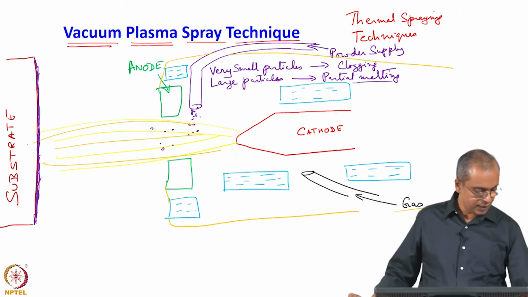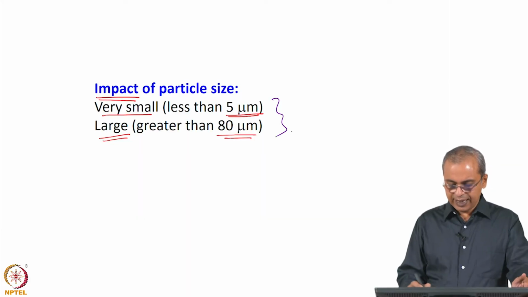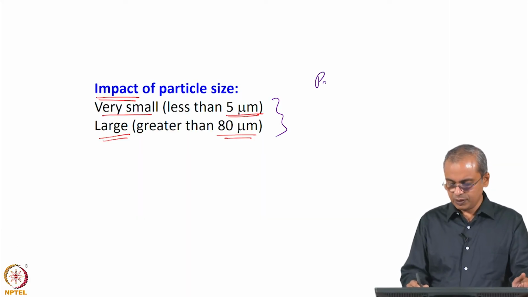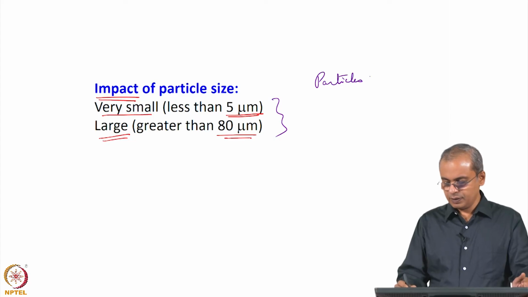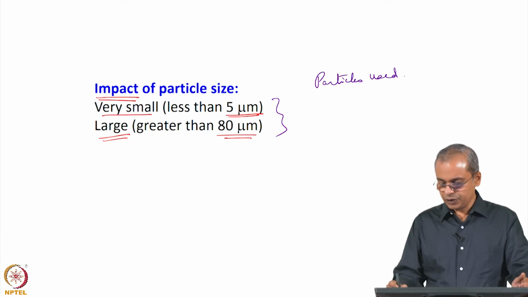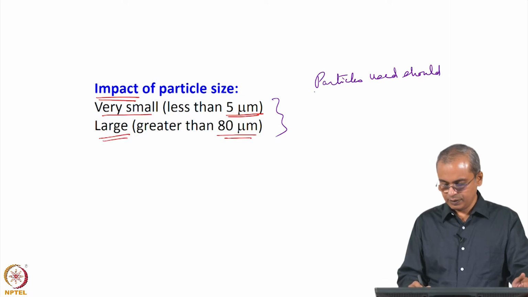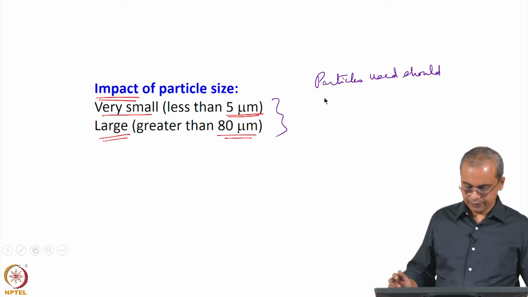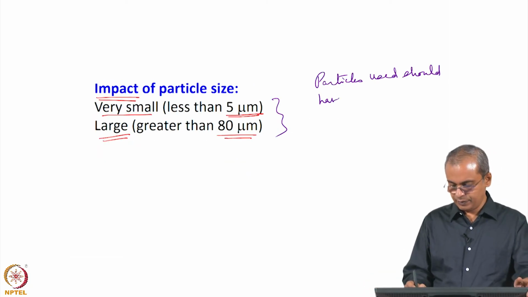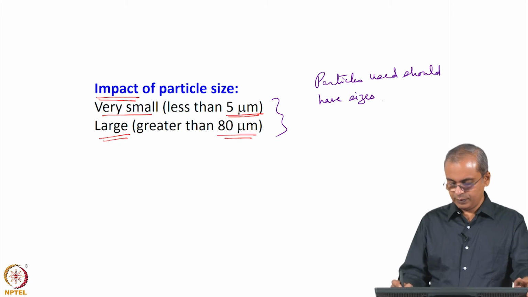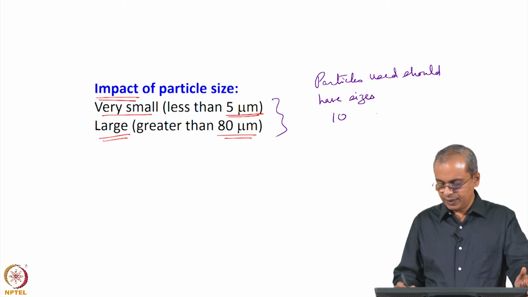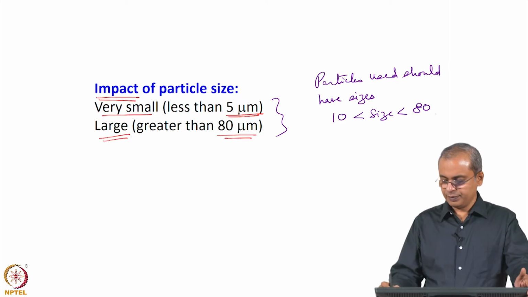Therefore, we actually have a range, and you have to stay within this range. The particles used should have sizes between 10 and 80 microns, 10 micrometer to 80 micrometer.